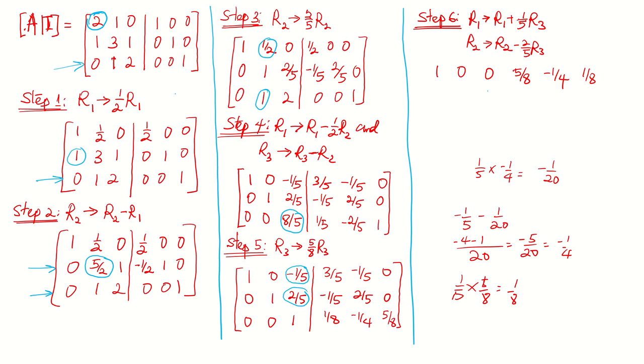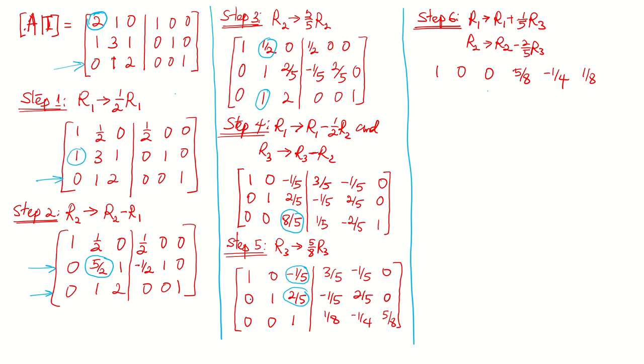Then row 2, let me clear this space so we'll have enough space to continue with the calculation. For row 2, the operation is to multiply 2 over 5 by R3 and subtract it from row 2.